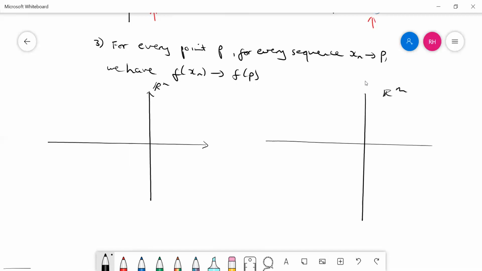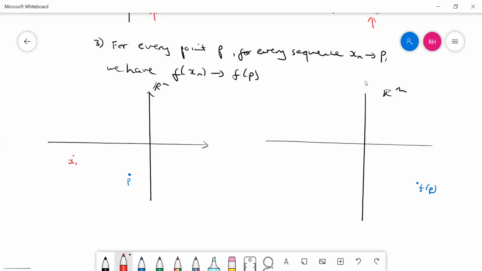Imagine we have a situation over here where we just pick a random point P, and over here we have, say, f of P. And we think about having a sequence of these x's that get closer and closer to P.